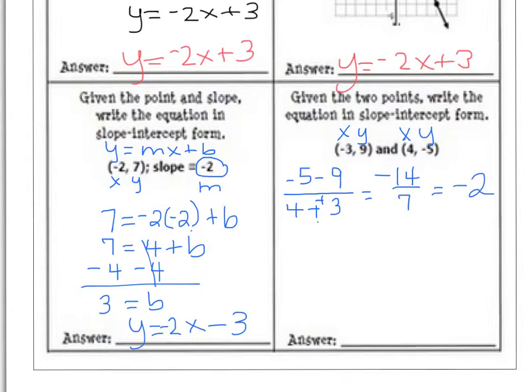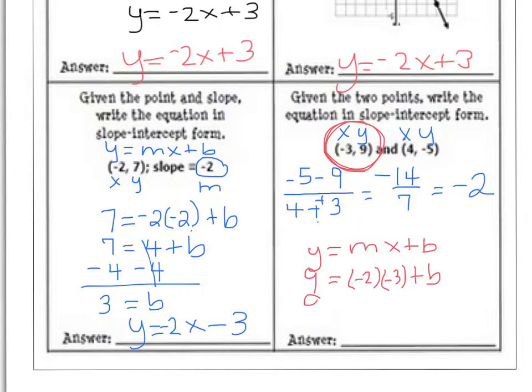Okay, then I have to use y equals mx plus b. Now I don't need both points, but I need one of them. So I'm just going to use the negative 3 and the 9. I know that m is negative 2. I know that x is negative 3. And I know that y is 9. And I plug it in.